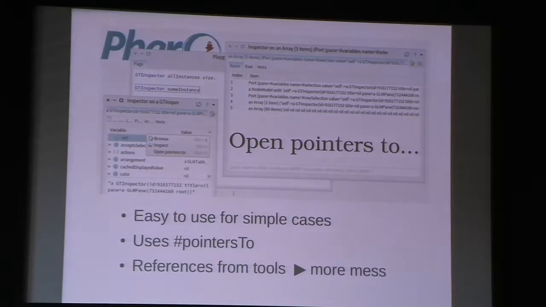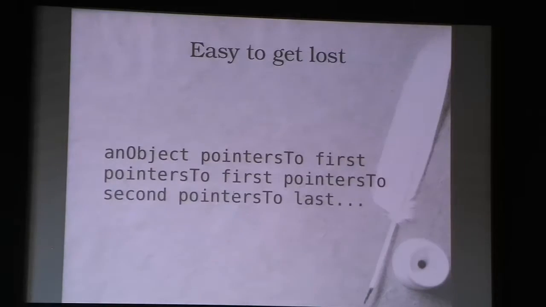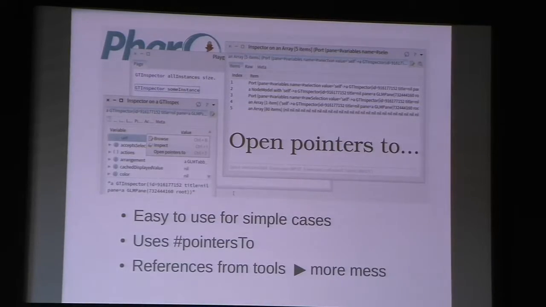But it's usable only for very simple cases, and the main reason is that it also creates references from the tools to the objects you are investigating. If you use this approach and do not store results, you have no memory leaks, but here you have new references from tools and you will simply get lost completely.